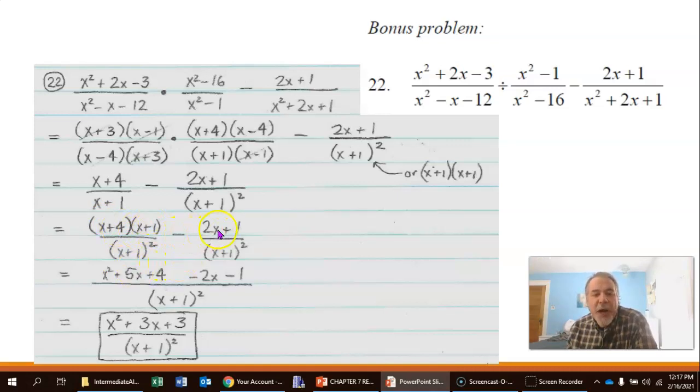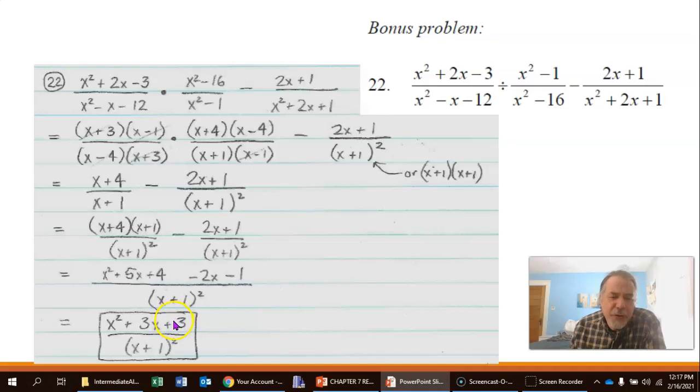Then I'm going to be subtracting the 2x and subtracting the 1, and it's all going to be over that common denominator of x plus 1 squared. Now I just combine like terms, and this simplifies to x squared plus 3x plus 3.